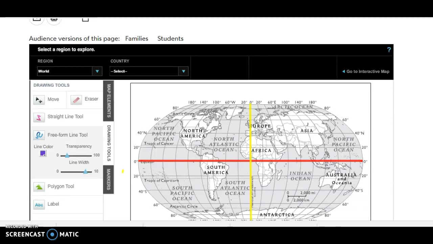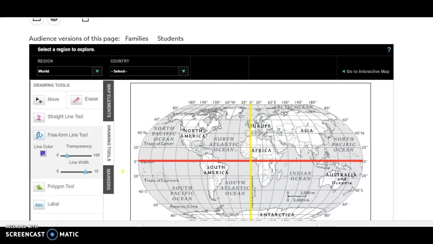So you're going to see on our really cool map that all the continents are represented on this map. So over here we have Australia, and down at the southern end of the Earth we have Antarctica, and up here we have Asia, Europe, Africa, South America, and North America.